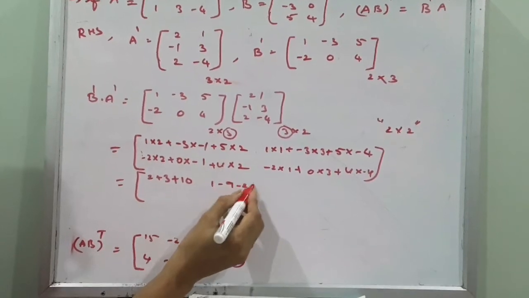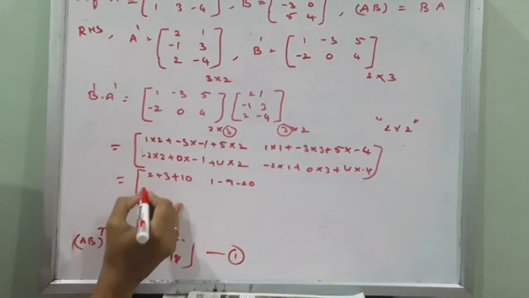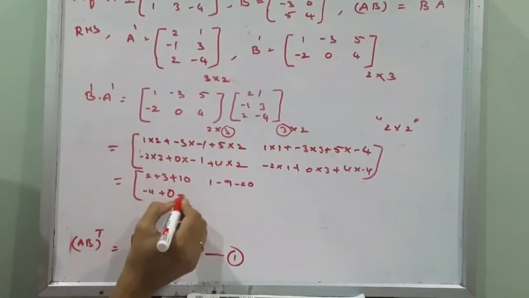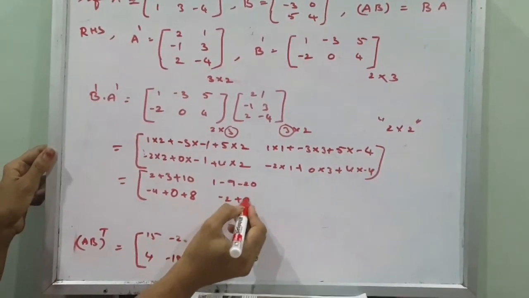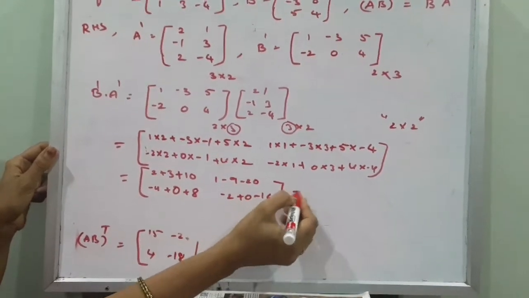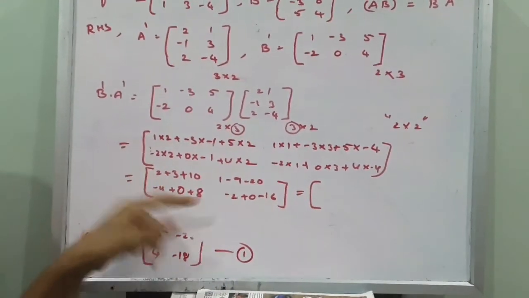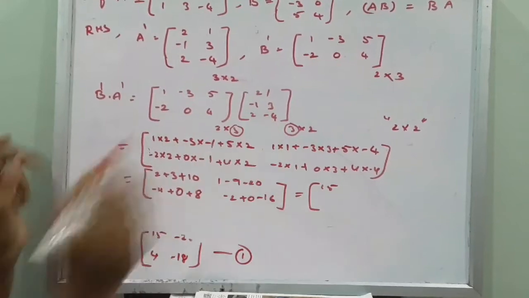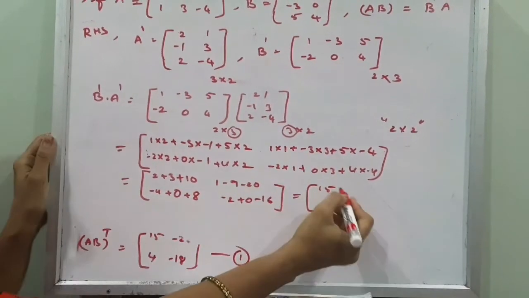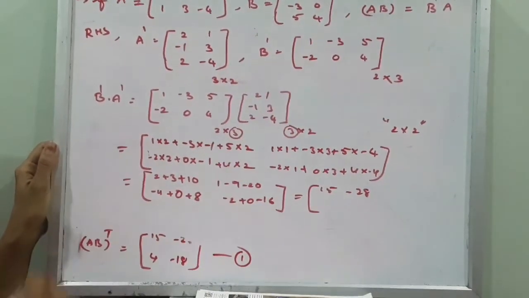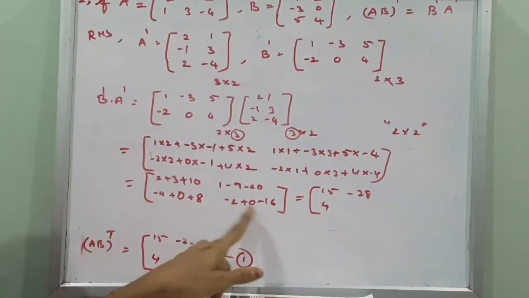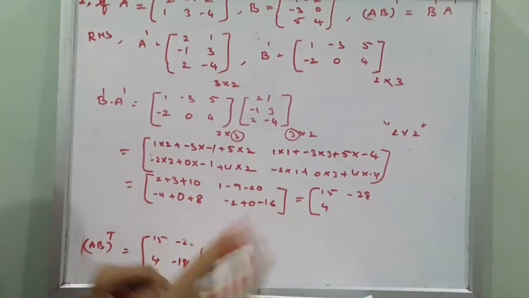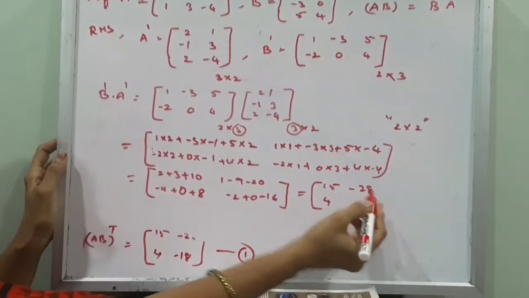Which is equal to 2 plus 3 plus 10, 1 minus 9 minus 20, minus 4 plus 0 plus 8, minus 2 plus 0 minus 16, which is equal to 5, 15, minus 8 minus 20 is minus 28, 8 minus 4 is 4, minus 2 minus 16 is minus 18.